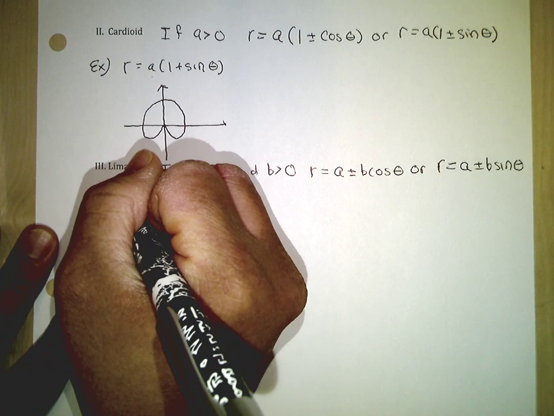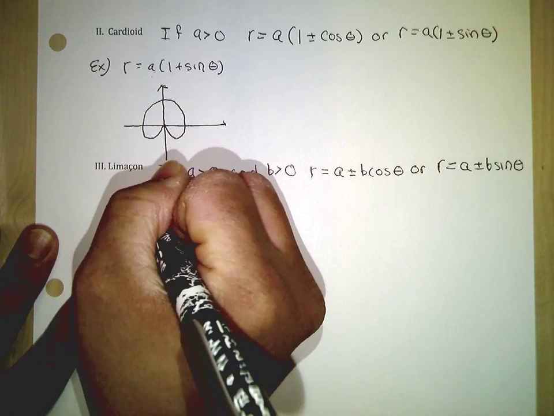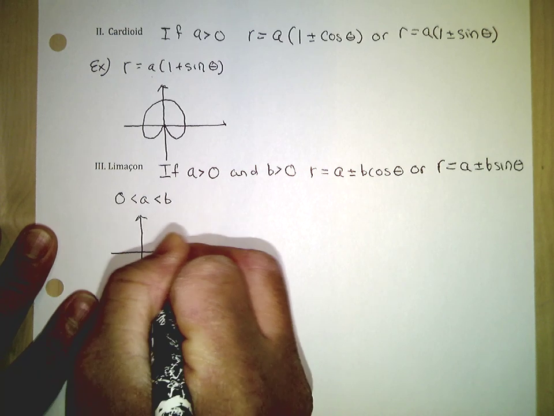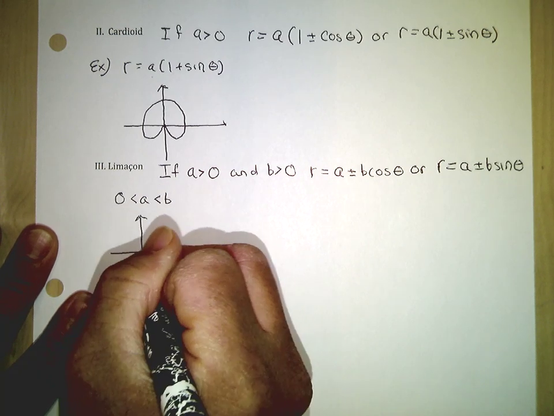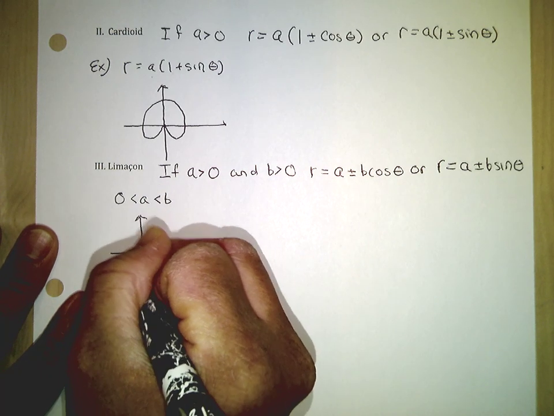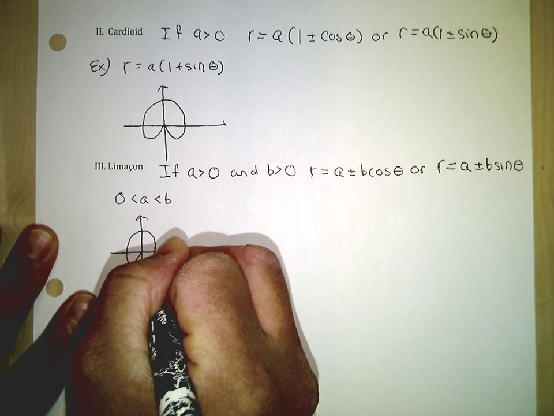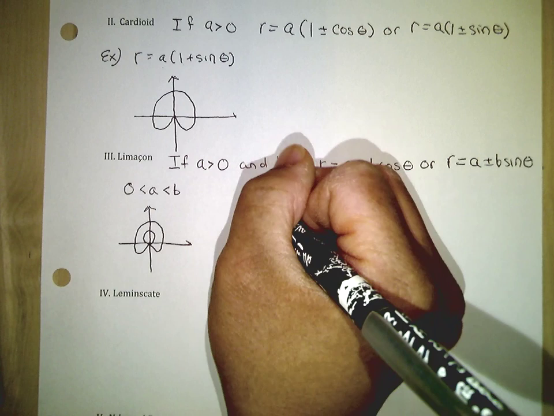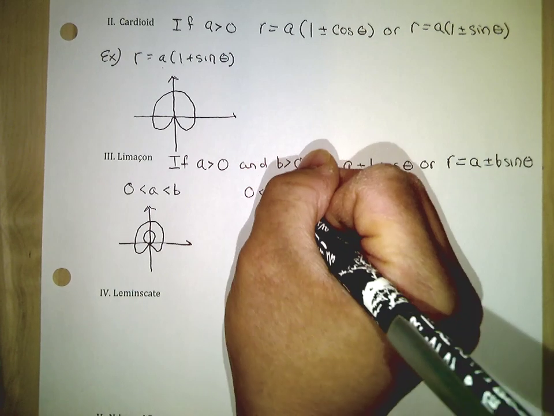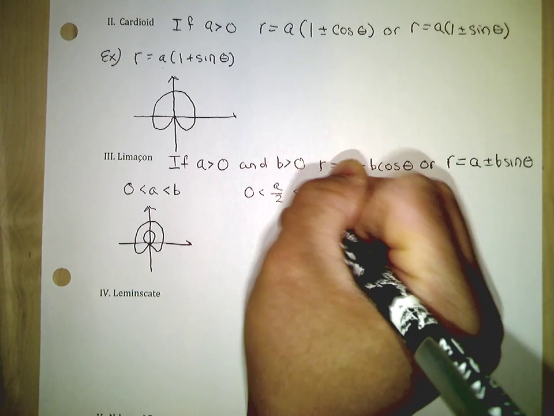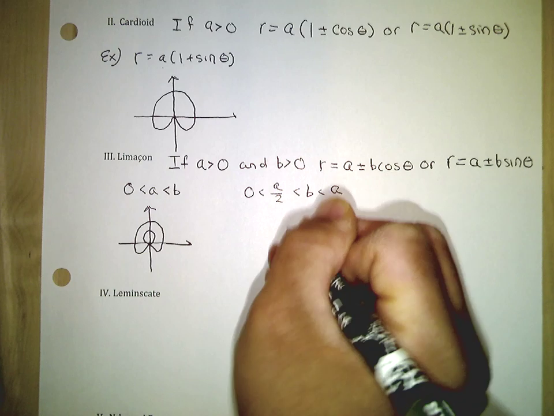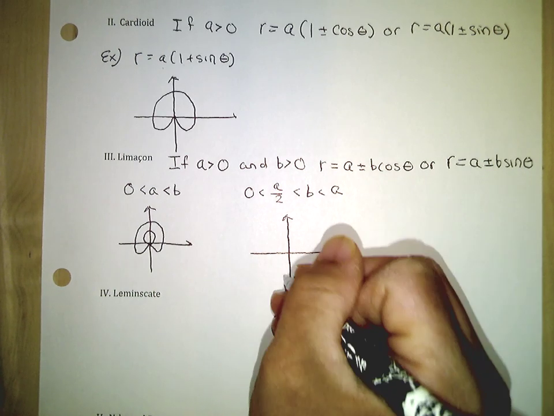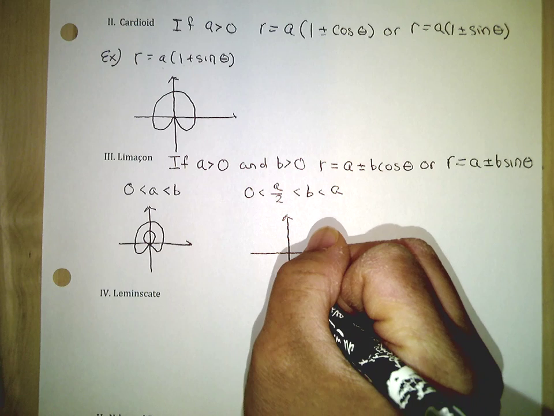So if a is between 0 and b, then this is what the graph will look like. It looks like this. And if 0 is less than a over 2, less than b, less than a, then you have something that looks like this.